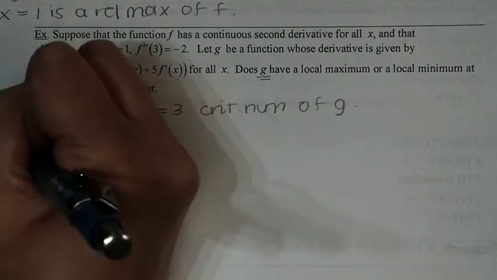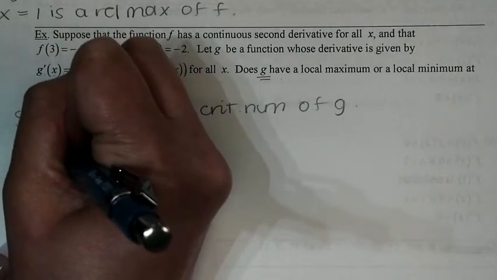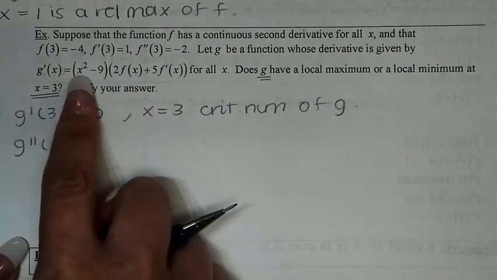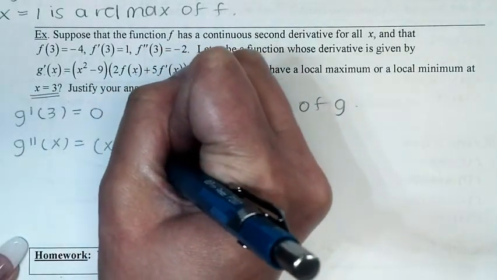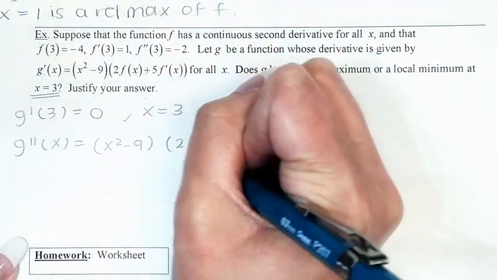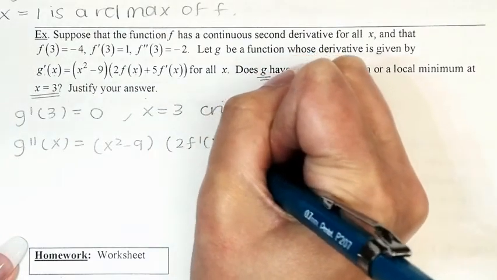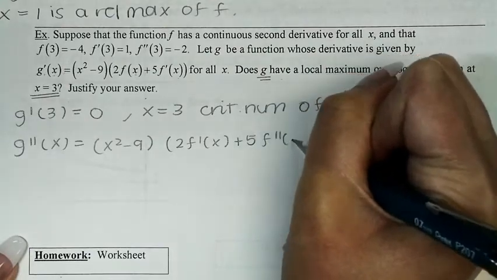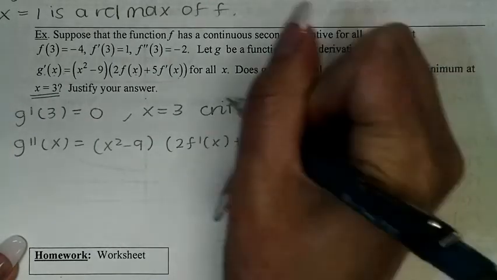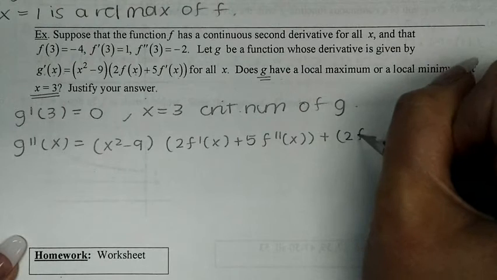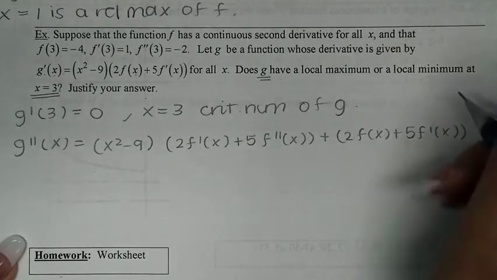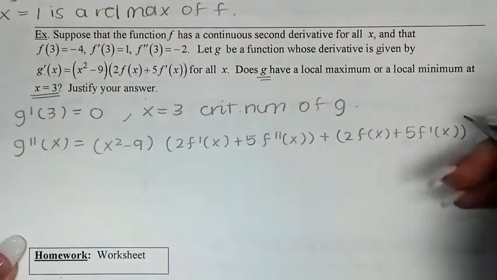The second derivative in this situation, we can compute via the product rule. You have the first chunk times the derivative of the second chunk, which is 2f prime of x plus 5f double prime of x, plus the second chunk times the derivative of the first one, which is just 2x.